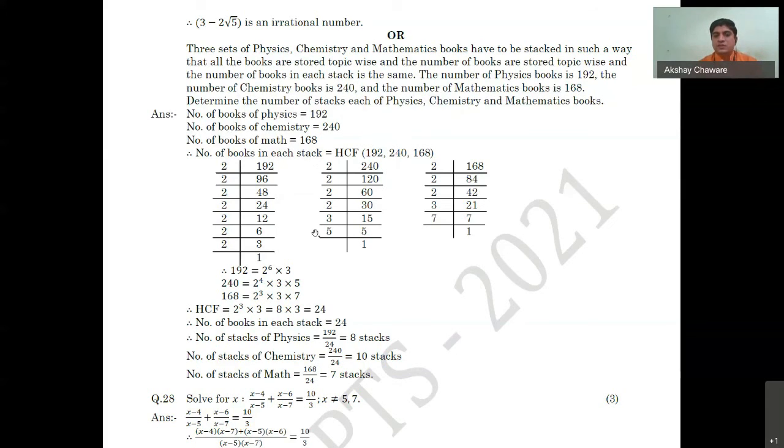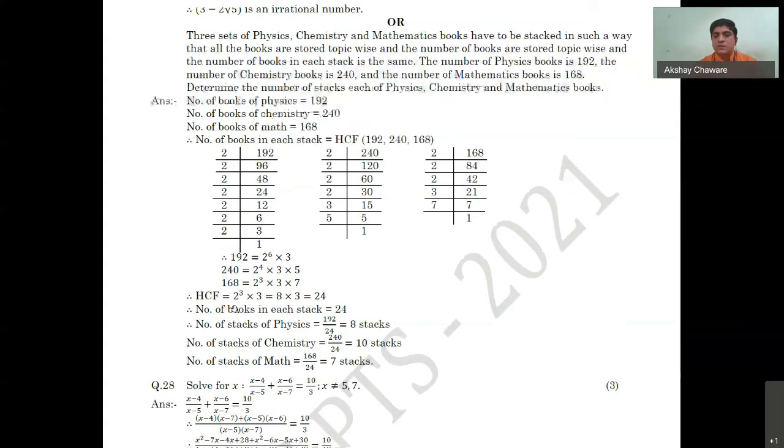Now we will calculate the HCF here, because the number of books in each stack is nothing but the HCF of 192, 240 and 168, and we will calculate the HCF using the prime factorization method. We will get HCF as 24. Now the number of books in each stack is equal to 24, and in the last statement we have to calculate the number of stacks each of physics, chemistry and mathematics.